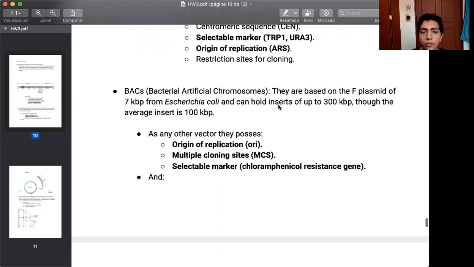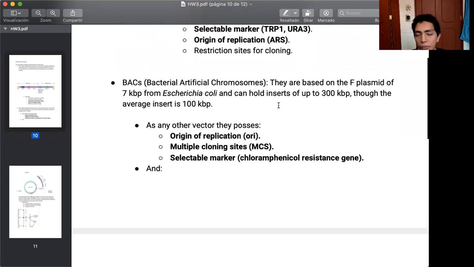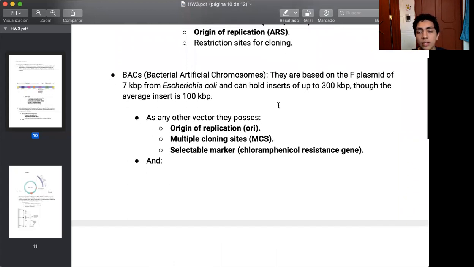Then we go to the BACs, or bacterial artificial chromosomes. They are based on the F plasmid of 7 kilobase pairs, which is obtained from Escherichia coli, and can hold inserts of up to 300 kilobase pairs, though the average insert is 100 kilobase pairs.